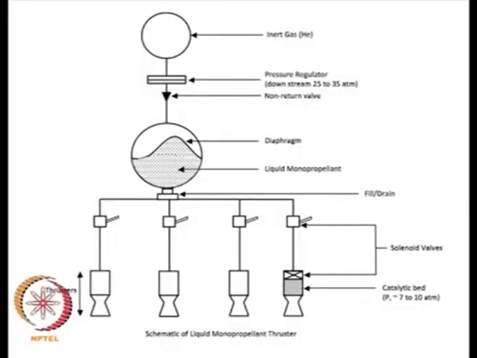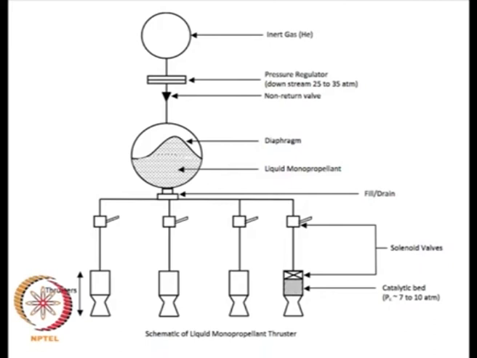So this is the monopropellant tank, and after this there are thrusters, small thrusters, a cluster of them. These are typically used in satellite systems for station keeping applications, wherein you need very low thrust.